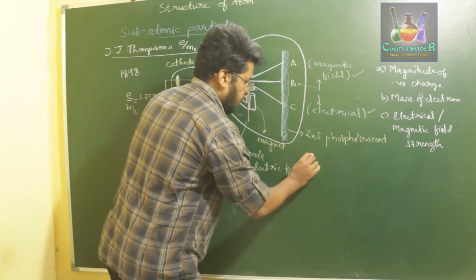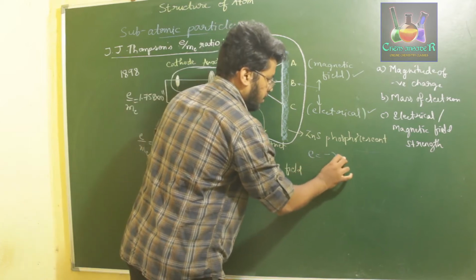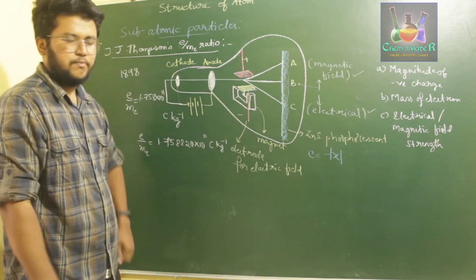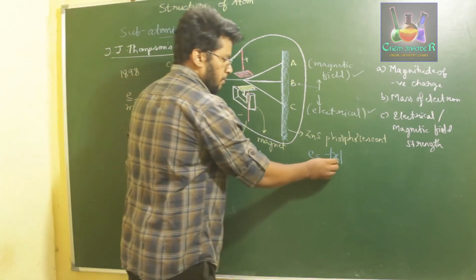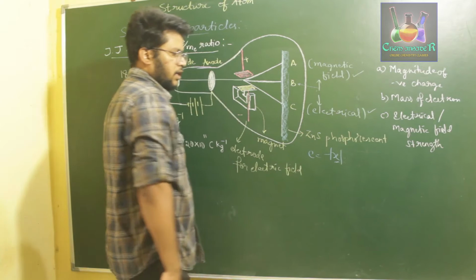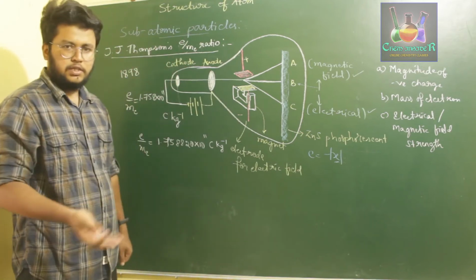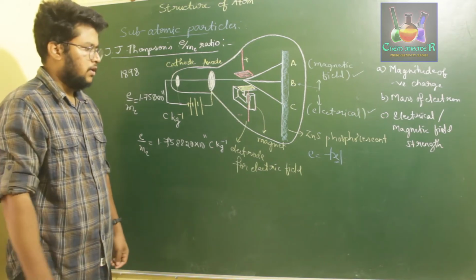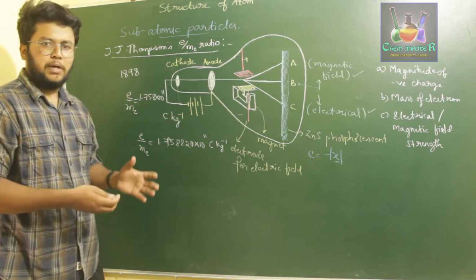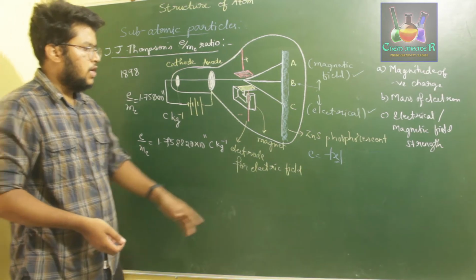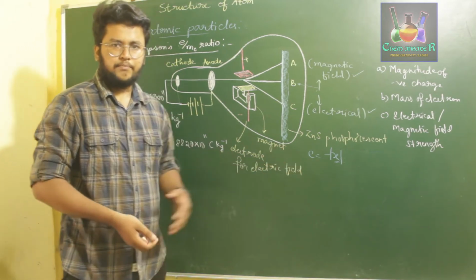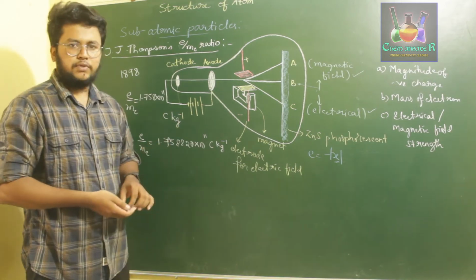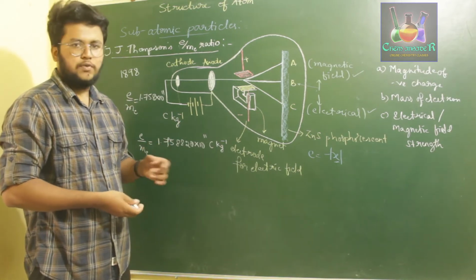Let us say if the charge of e is equal to minus x, the magnitude is nothing but the modulus of x. If you have plus, we consider it as a positive value; if you have minus, we have to convert it into a positive value again. Now if the magnitude of x is higher, the charge on the electron will be higher, right? So it clearly depends directly proportionally on the magnitude of the electron's negative charge.